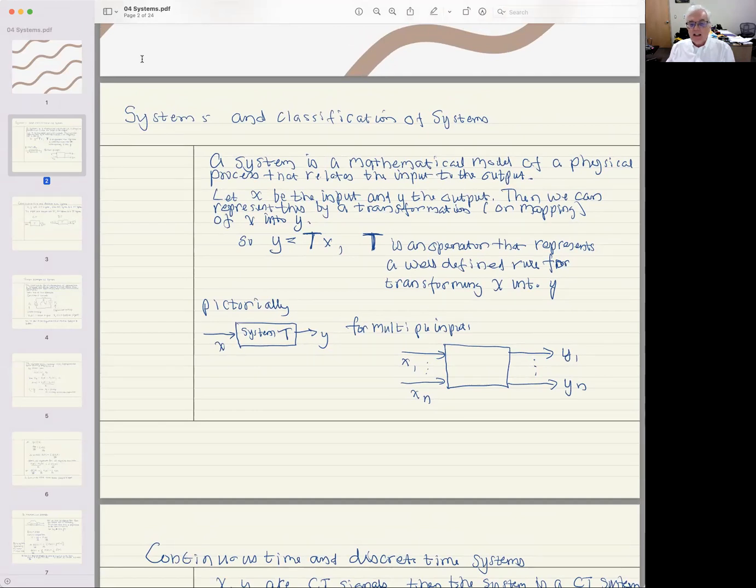It's basically a mathematical model, and I show you some mathematical notation for it. Basically, it's an operation that gives us a rule for transforming inputs X into outputs Y, and pictorially it can be viewed in a number of ways, which I show you on this slide.